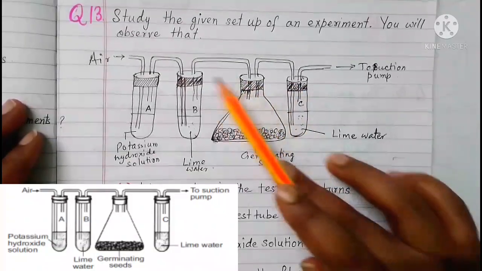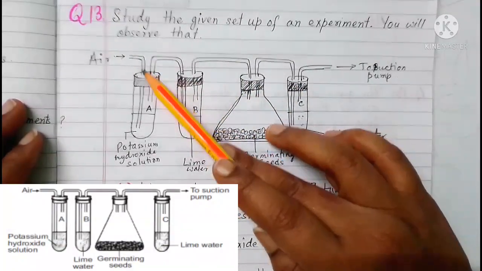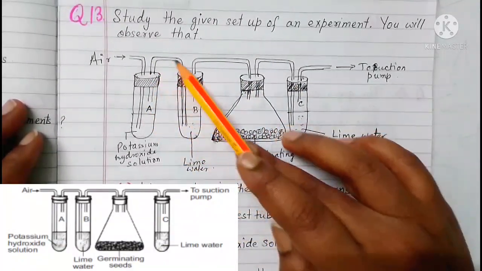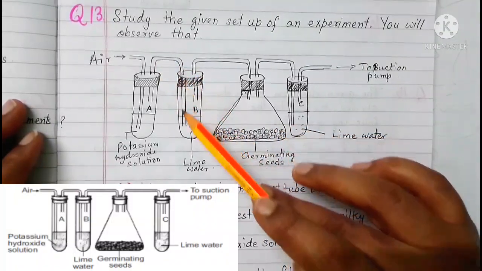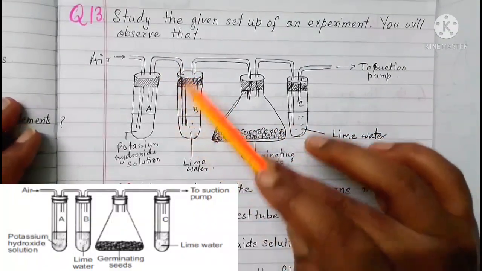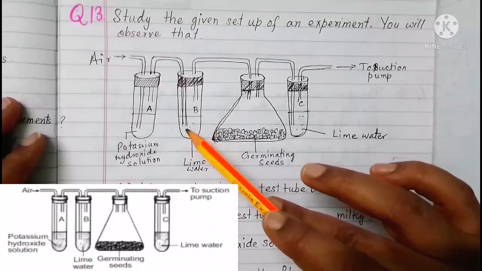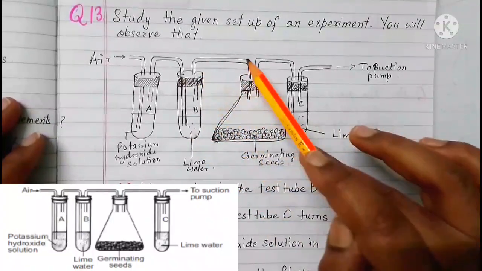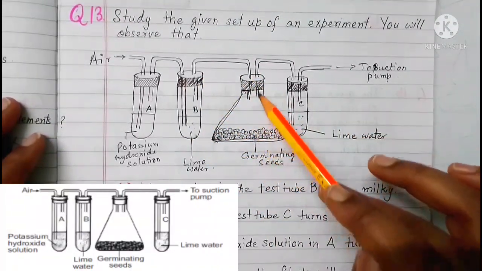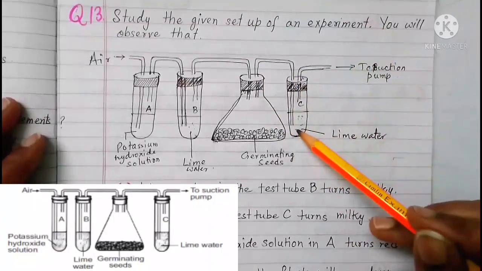Everything is closed, and there is an entering tube and a delivery tube also. The delivery tube is always connected to the next compartment. So this delivery tube is giving to this one, and this delivery tube is giving to this one. So here also lime water.